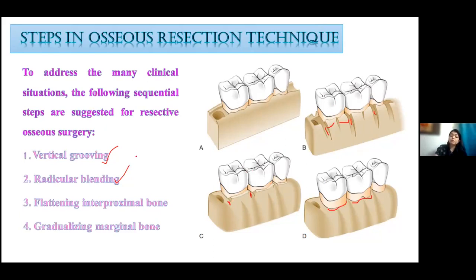So the first two steps are osteoplasty. The next two steps, where you are touching the tooth supporting bone, are osteectomy. Clear? Yes, ma'am. So vertical grooving, radicular blending, flattening of interproximal bone, then gradualizing the marginal bone.